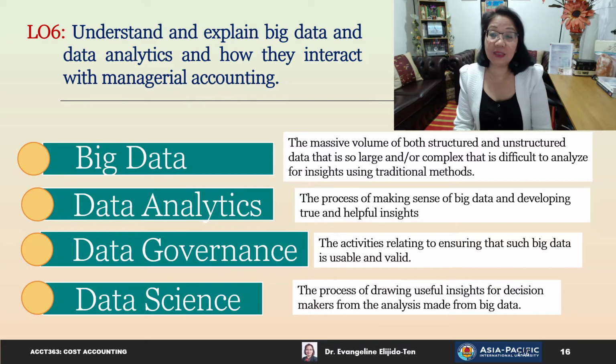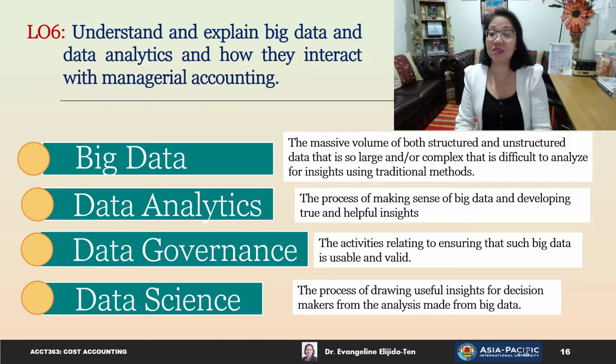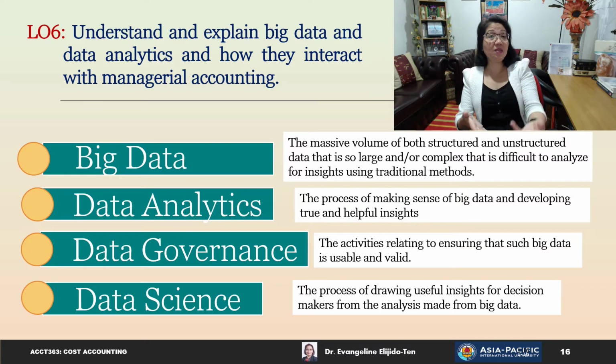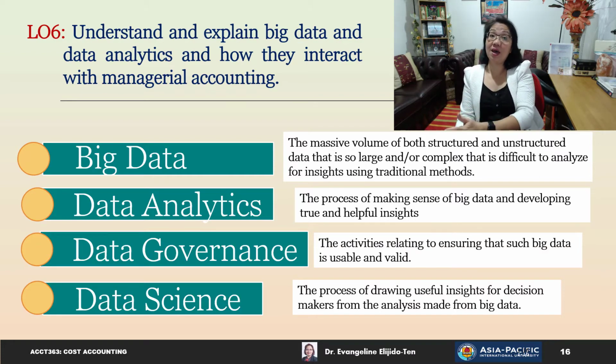What about data science? This has to do with the process of drawing useful insights for decision makers from the analysis made from big data. So, in a sense, data science and data analytics are very much interrelated, because making sense of big data and drawing useful insights for decision makers will already be crossing over to data science.